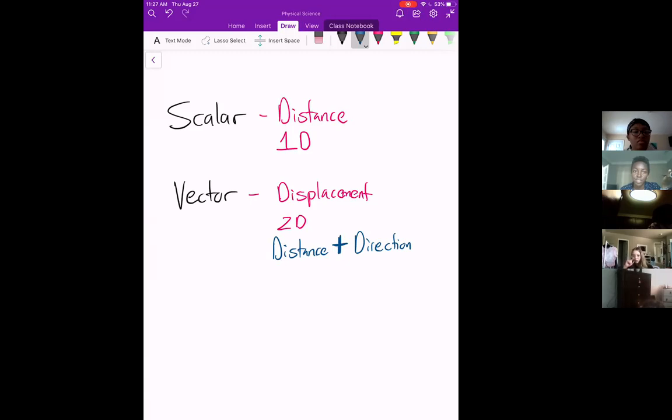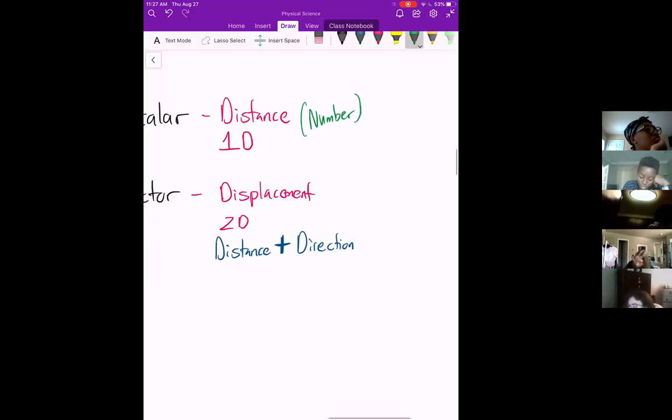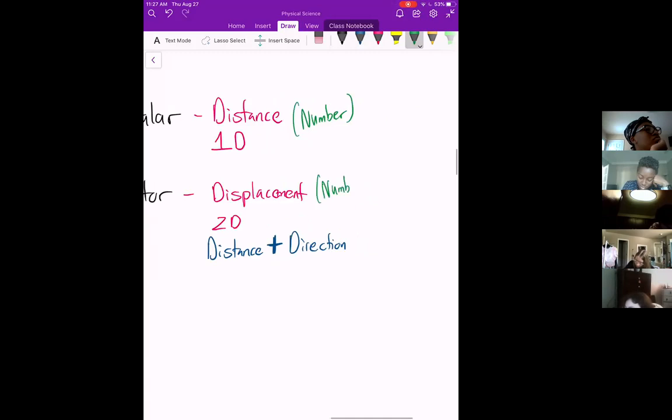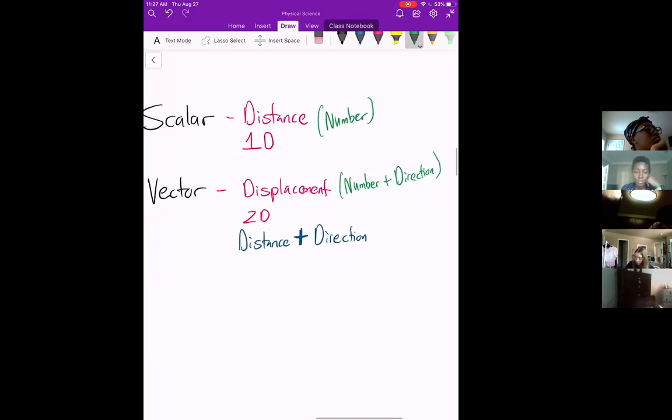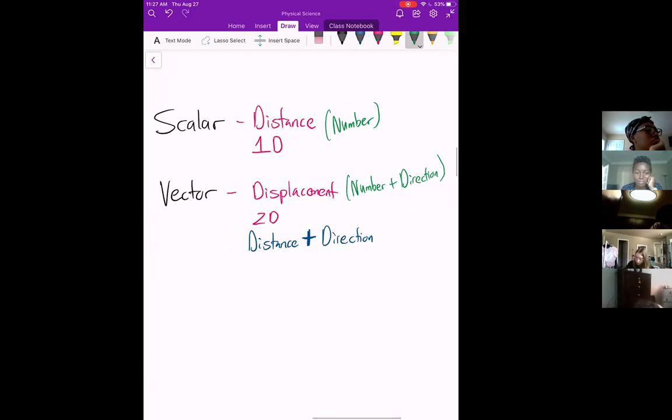In other words, one is just a number, like 55 miles. The other one is a number plus direction. So 55 miles east or 55 miles west, okay?